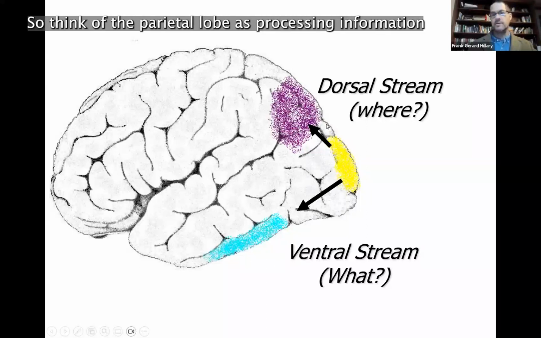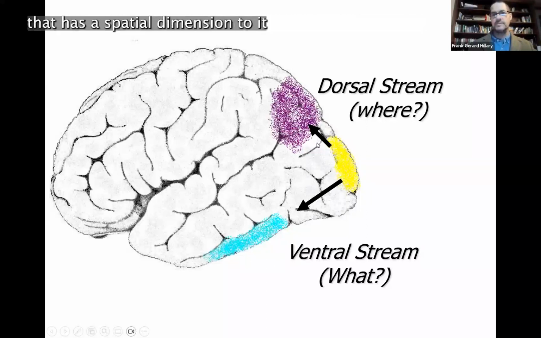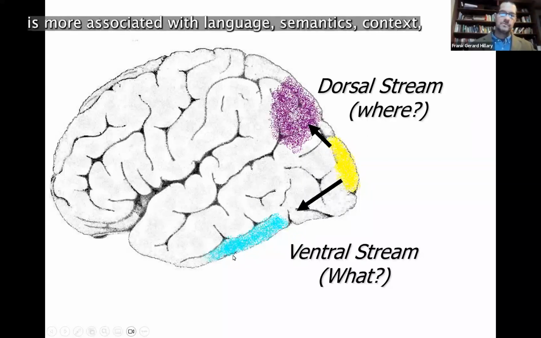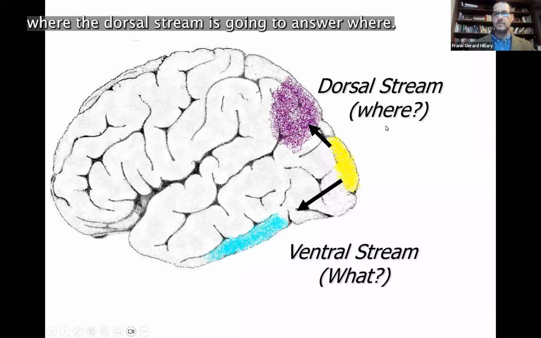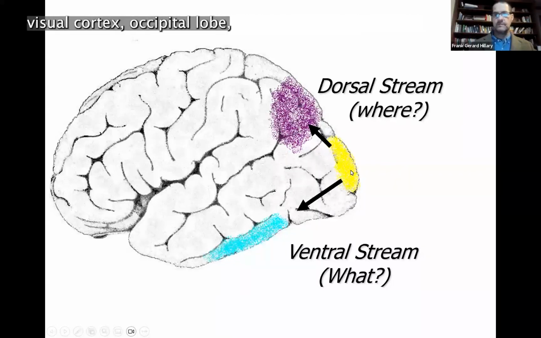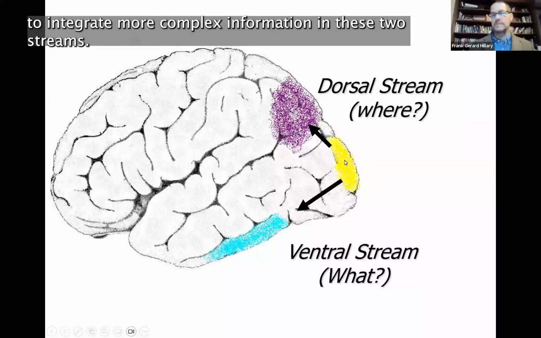Think of the parietal lobe as processing information that has a spatial dimension to it. The temporal lobe is more associated with language, semantics, and context, and therefore it can help answer what, while the dorsal stream is going to answer where. The most basic information processing is in V1, the visual cortex, occipital lobe. Then we begin to integrate more complex information in these two streams.